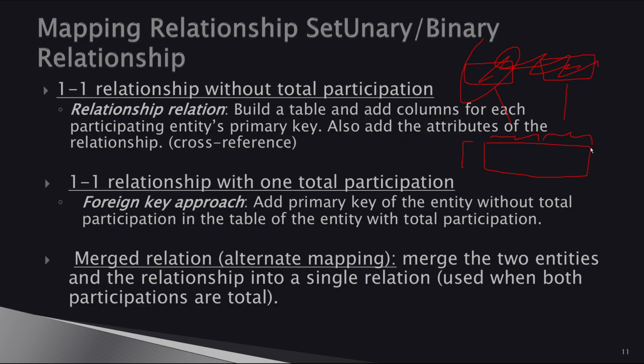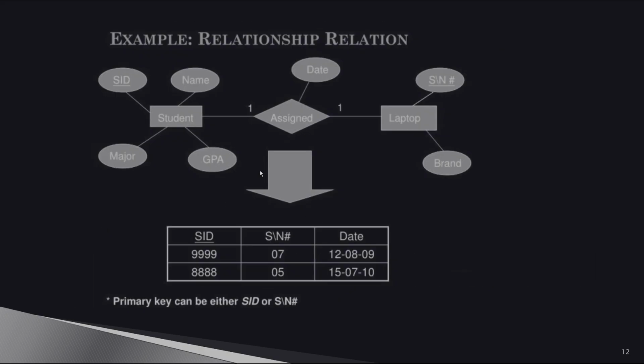So it's more efficient to just make it a single table. And on top of that, you're going to have any attributes for the relation, okay? That's the merged relation, also known as the alternate mapping.